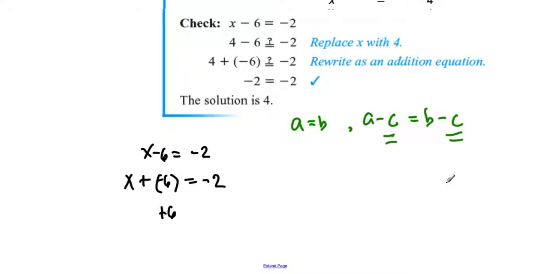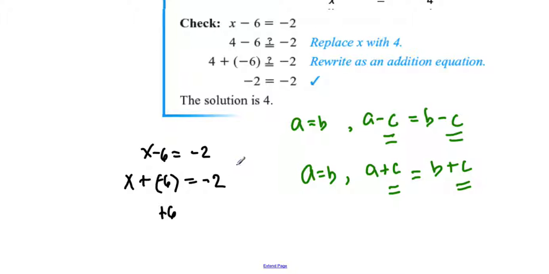Whatever you subtract to one side, you need to subtract to the other side. And the addition property of equality states, if you recall, if A is equal to B and A plus C is equal to B plus C. So whatever you add to one side, you need to add to the other side.